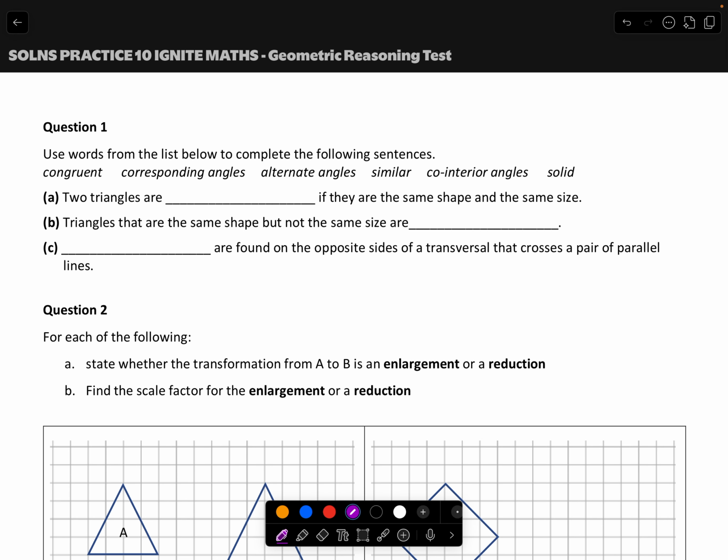Therefore, triangle ABP is similar to triangle QRP. Because of what do we use? Angle, angle, angle.